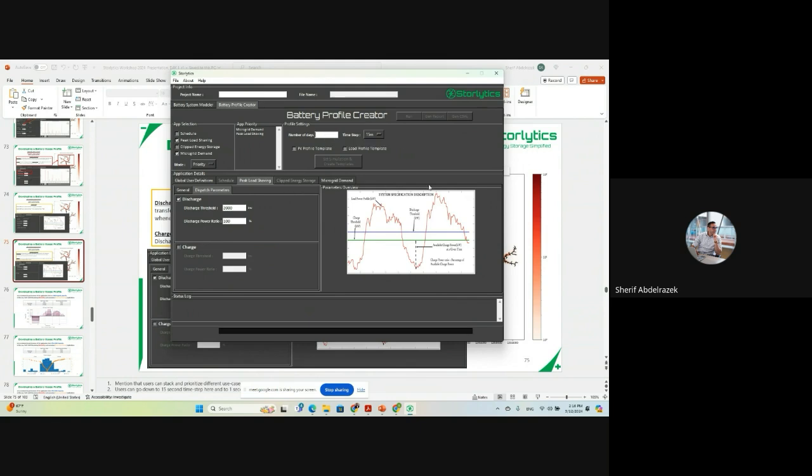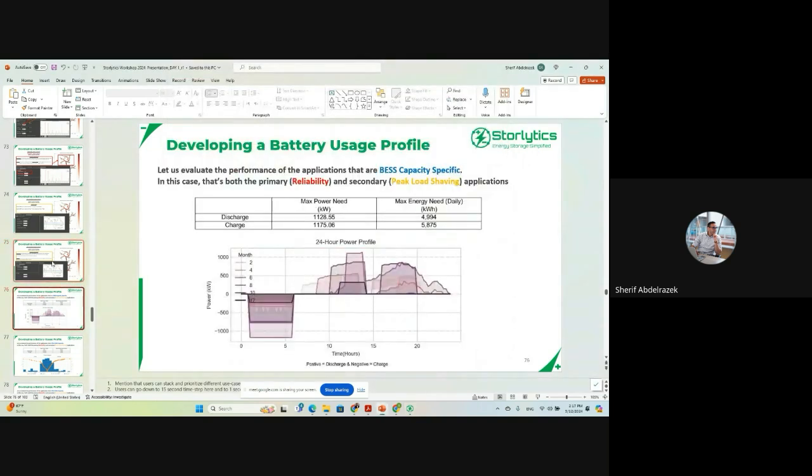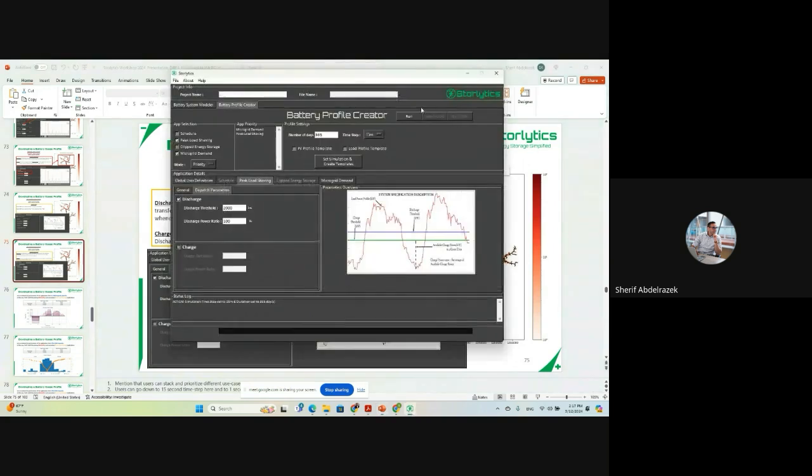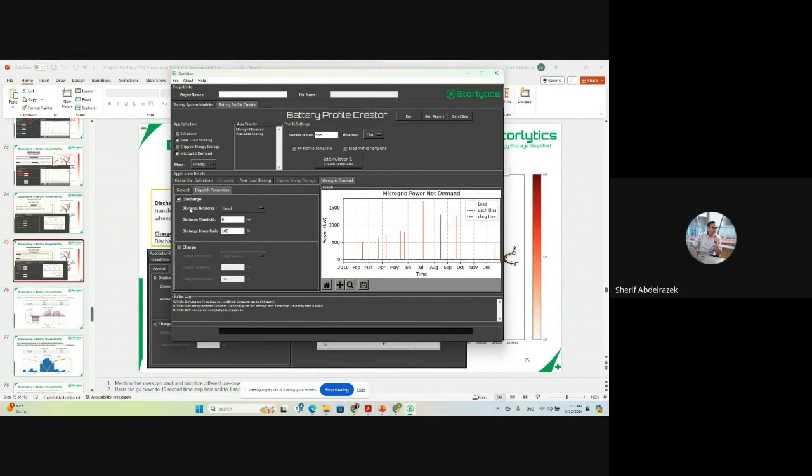All right. So now let's set the simulation to, this time, 365 days, 15 minutes. So set simulation. Now let's see. All right, let's click run and see what happens. Okay, here, microgrid demand.